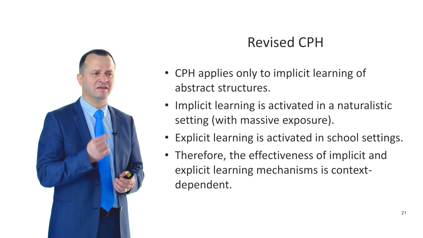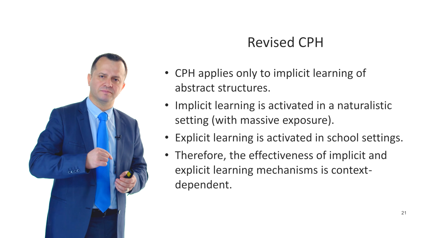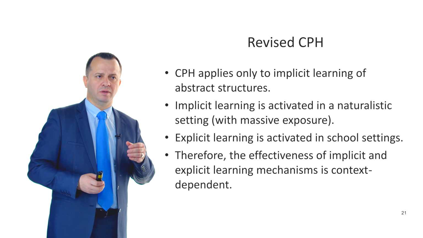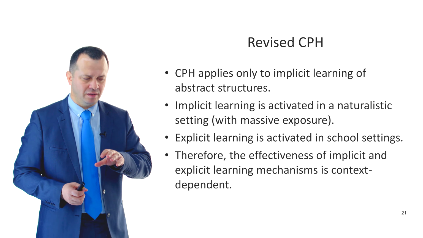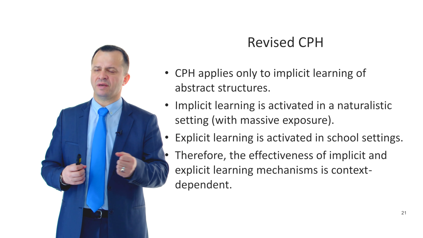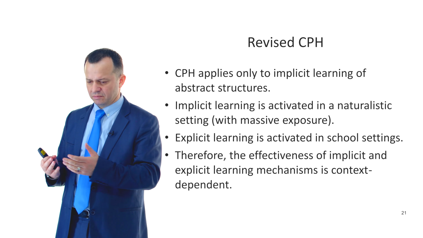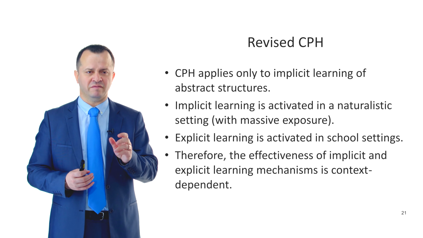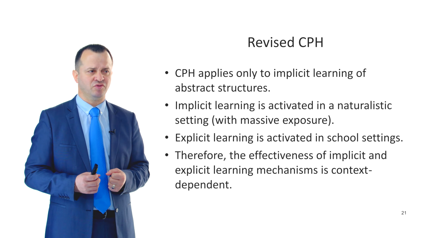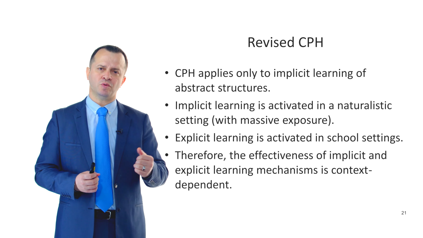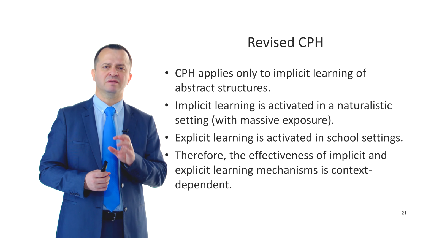Explicit learning is activated in school settings. So they are learning a foreign language implicitly, playing with the neighbors' kids, reading very elementary English books, watching English YouTube channels, etc. But while they're learning at school, now they have explicit learning.